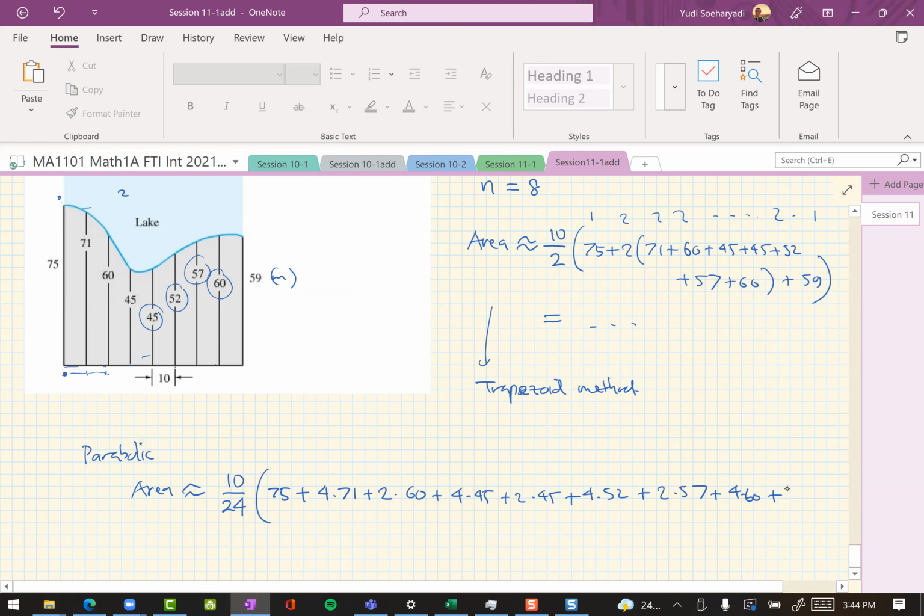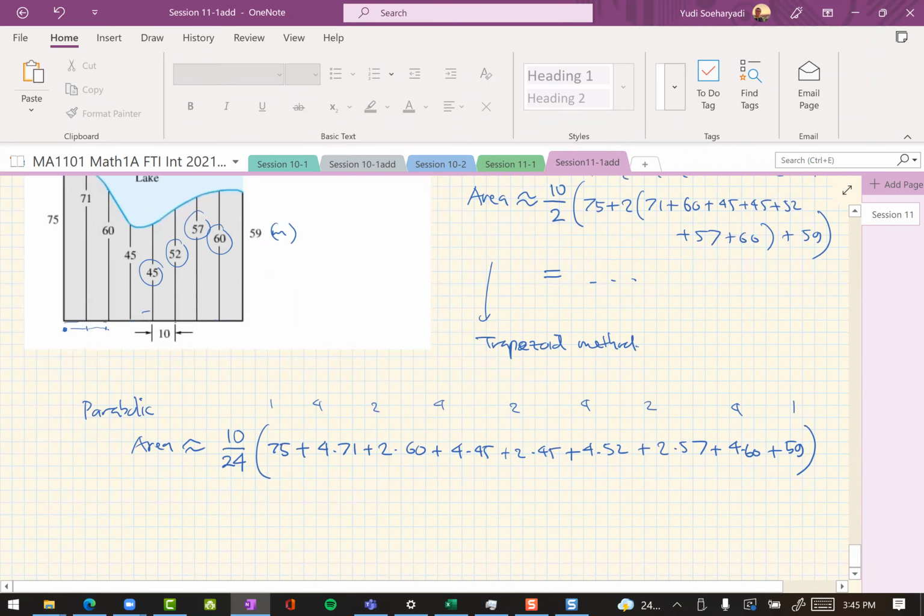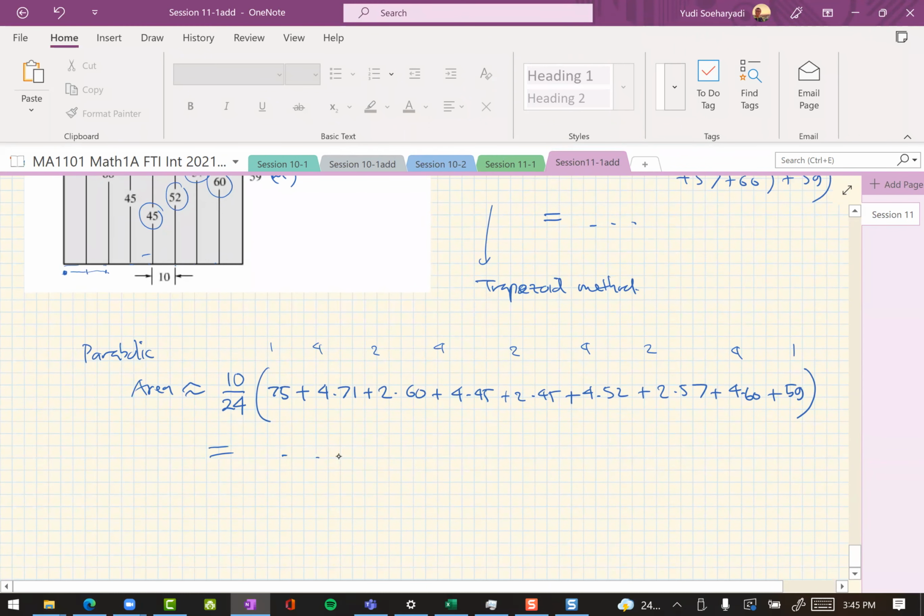And then the last one is 1. Okay, so the 1, 4, 2, 4, 2, 4, 2. That's even the number of the partitions. Because we need to almost end with 4 and then 1. So that's how you get this number.